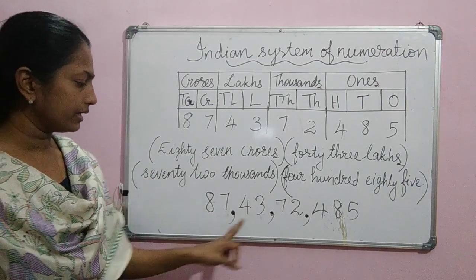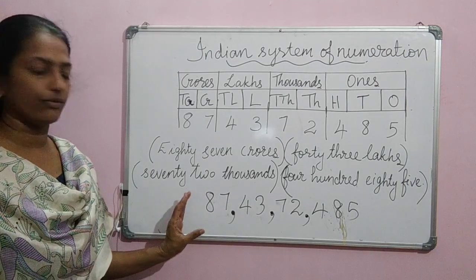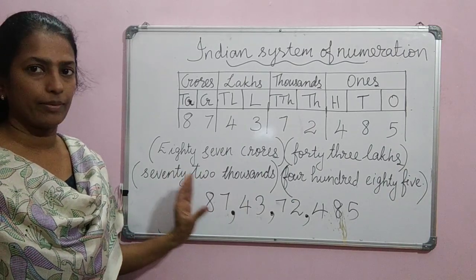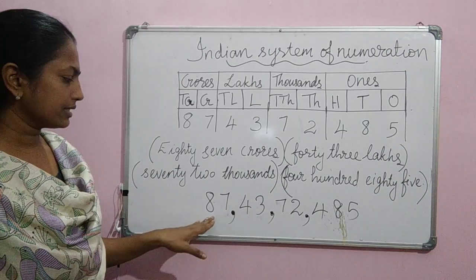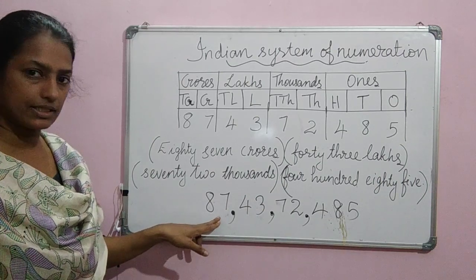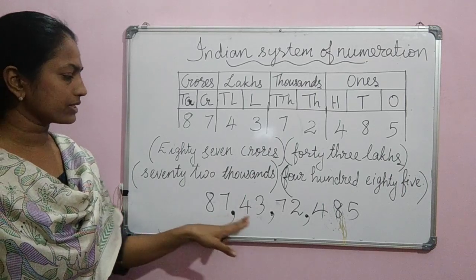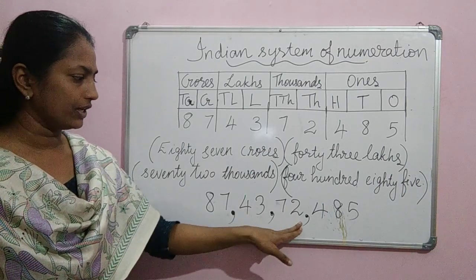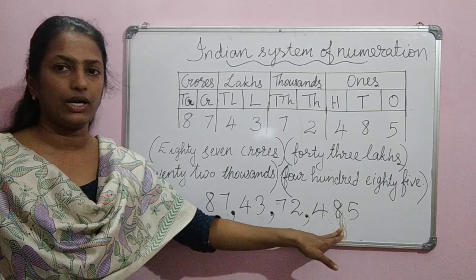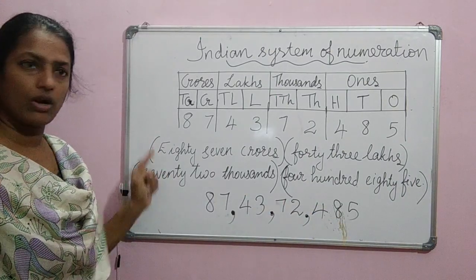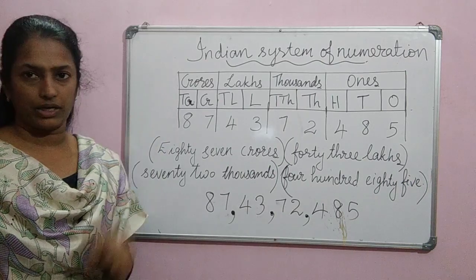So how do we read this? Once again, after putting the commas, it is very easy to read the number without any mistake. We start this number from crores group. So this is 87 crores 43 lakhs 72,485, and this system of numeration is called Indian system of numeration.